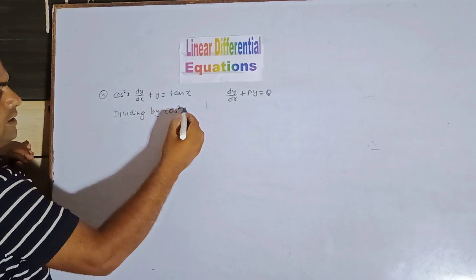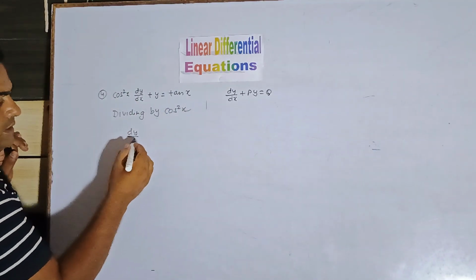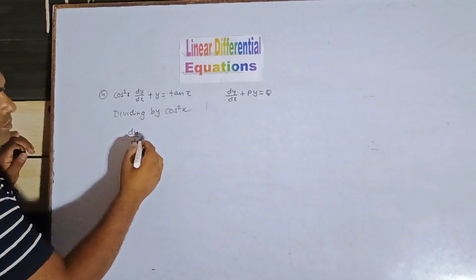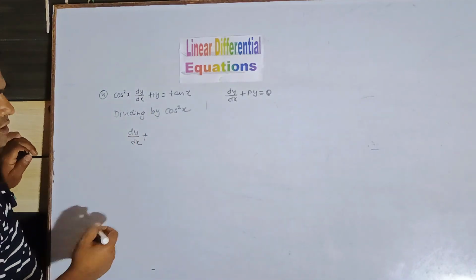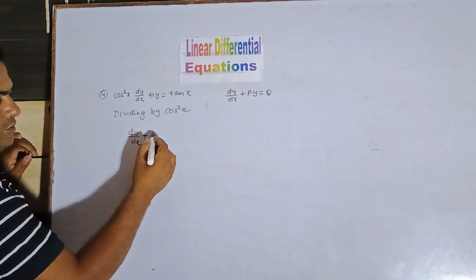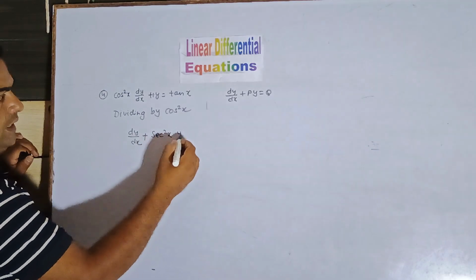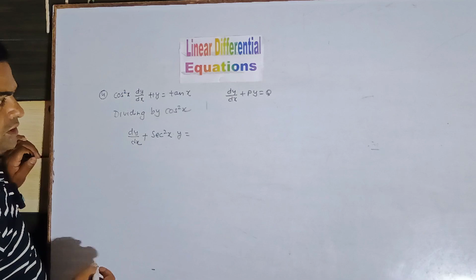Dividing by cos square x, we will get dy over dx, cos square upon cos square 1, plus we divide by cos square, so we will get 1 upon cos square, which means sec square x, into y is equal to tan x upon cos square x.